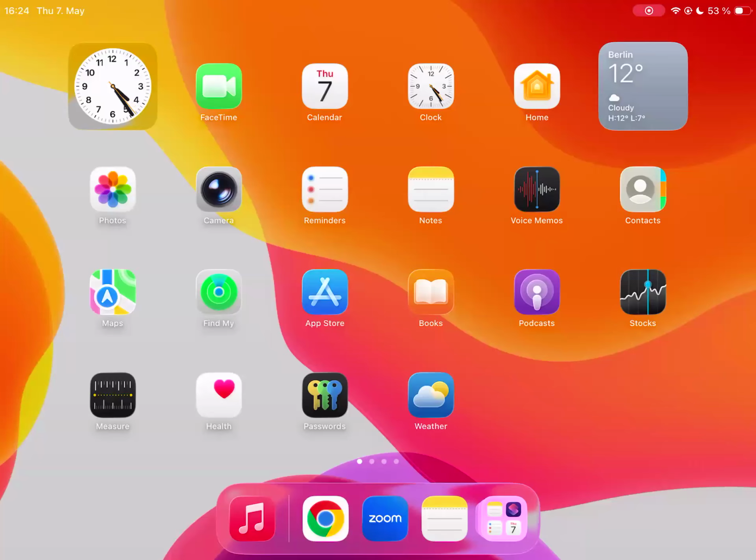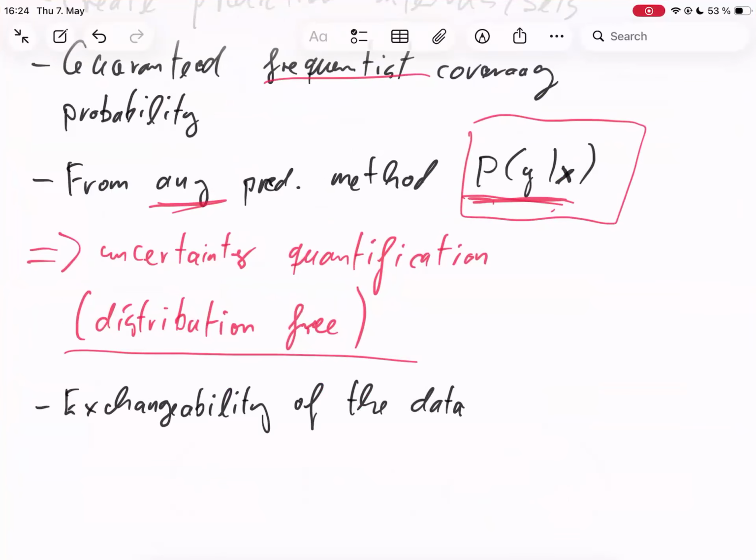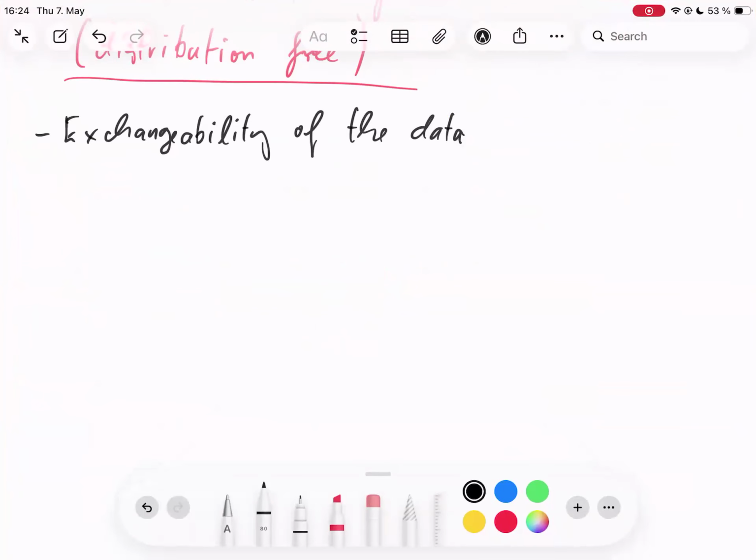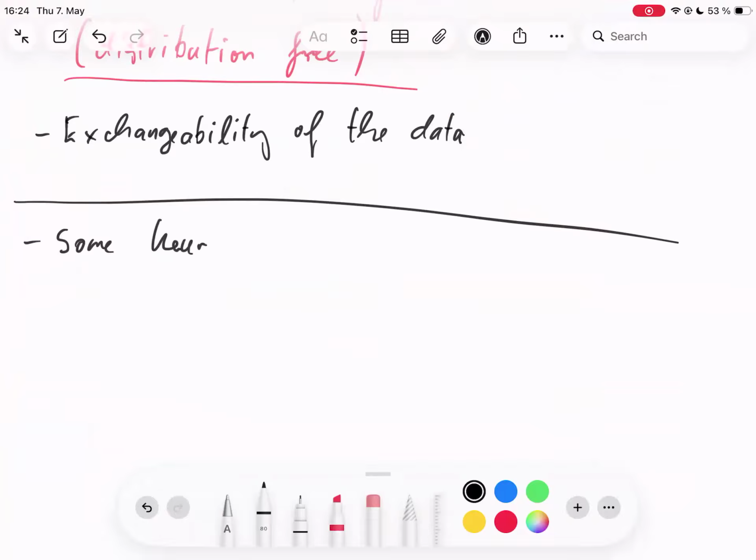We'll develop a couple of formulas now and see what makes conformal prediction so interesting. Conformal prediction says that we need some heuristic notion of uncertainty.